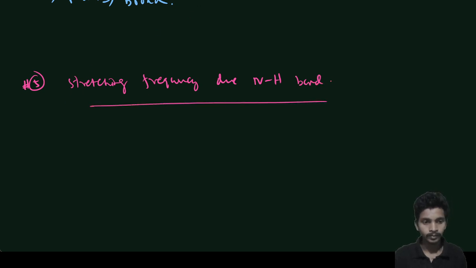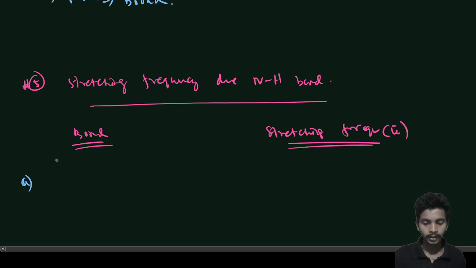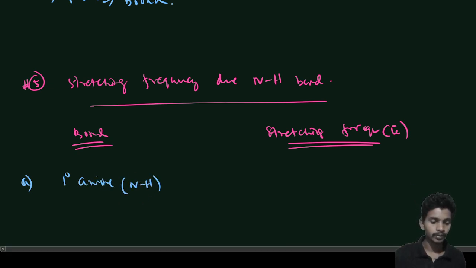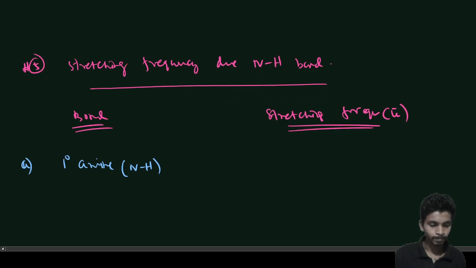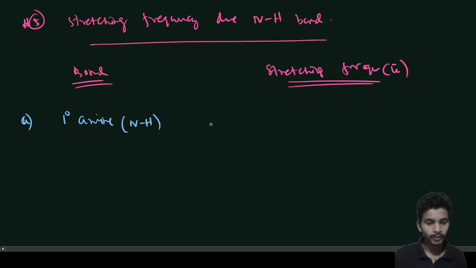The first case is 1-degree amines, the NH2 groups, where we will get two peaks, for symmetric and asymmetric.